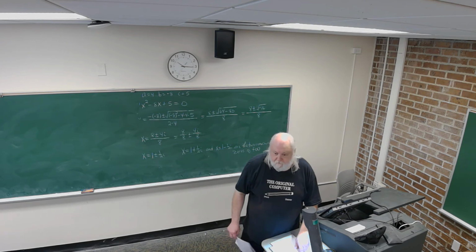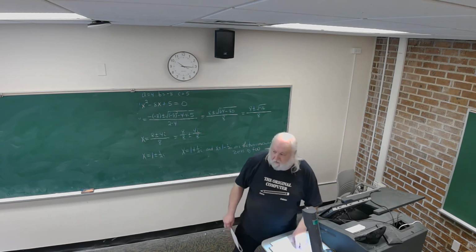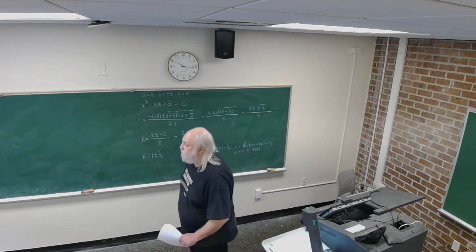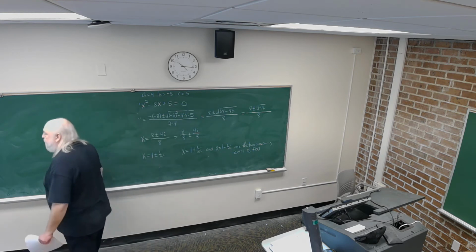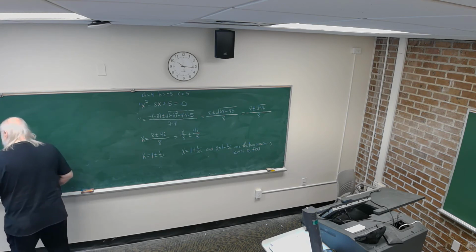4, right? Now, it is possible that one or more solutions may occur more than once, okay, because of multiplicity. But it's a 4th degree polynomial, so we're expecting 4 solutions. The left-hand side can be factored into 4 factors.